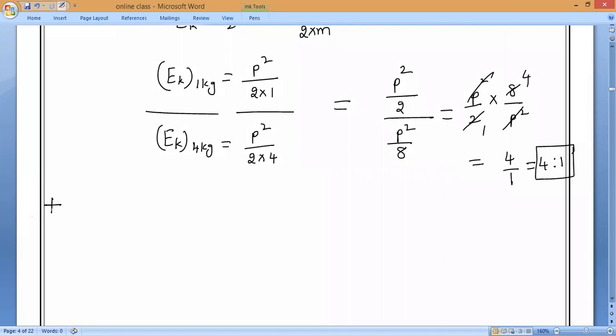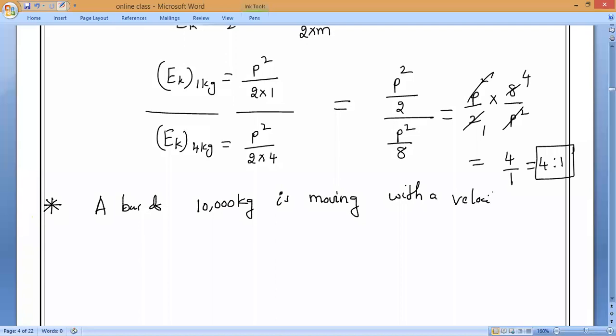Next, a bus of 10,000 kg is moving with a velocity of 60 km per hour.